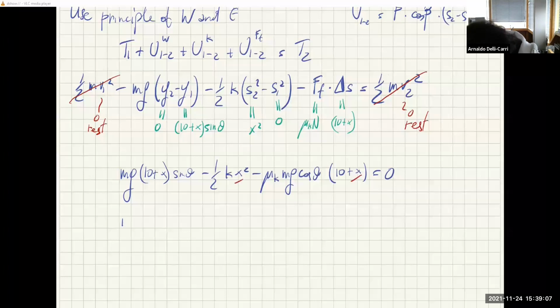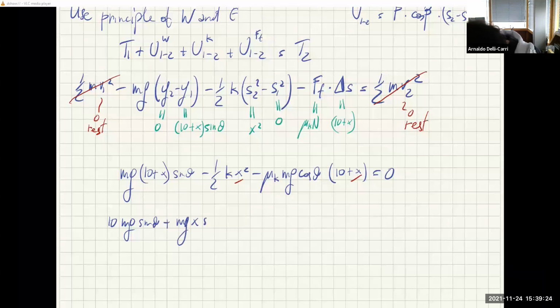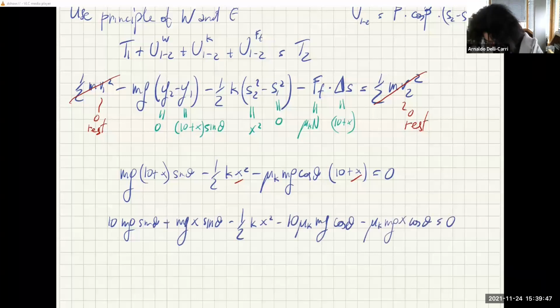We have mg 10 sine, so 10 mg sine theta, plus mg x sine theta, minus half k x squared, minus 10 mu k mg cosine theta, minus mu k mg x cosine theta equal to 0.